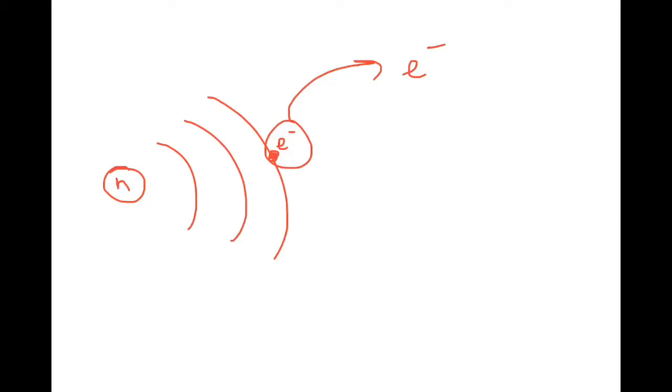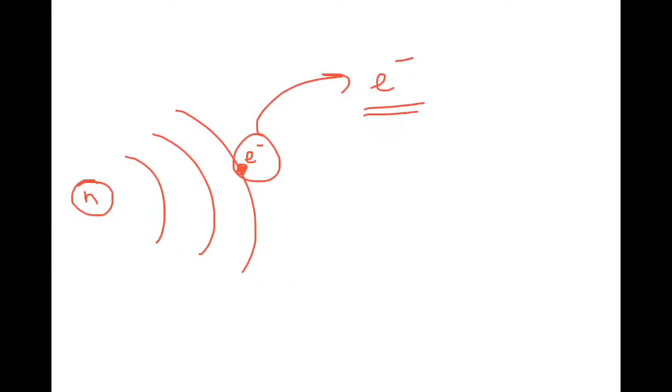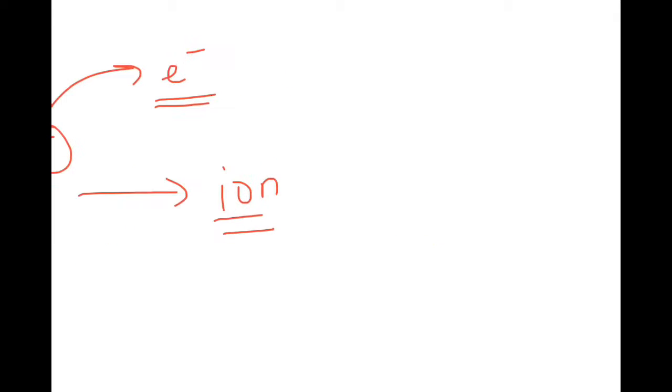It's not coming back in the atom. So the electron is completely removed from the atom, and you end up with an ion. Because we're removing electron by electron, we'll see removal of one electron first. When we remove one electron, we end up with a positive ion.